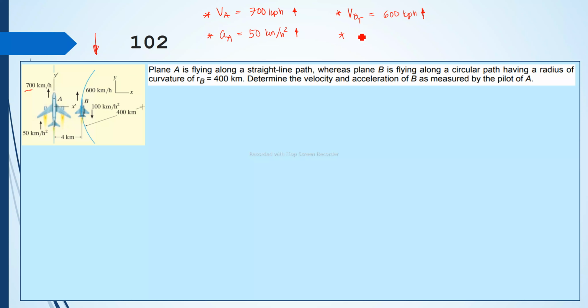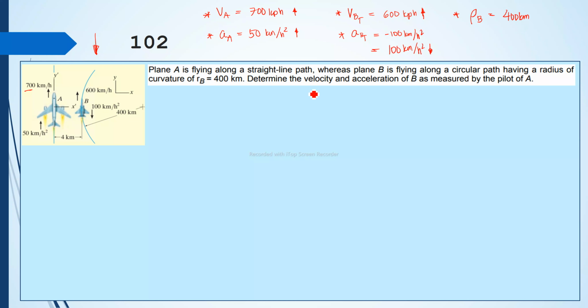And its tangential acceleration at that point is equal to negative 100 kilometers per square hour, or you just represent this like this, downwards. Another given is the 400 kilometer radius of plane B.